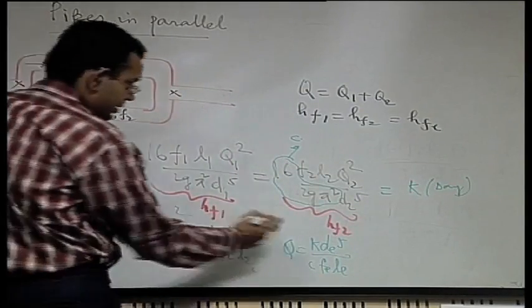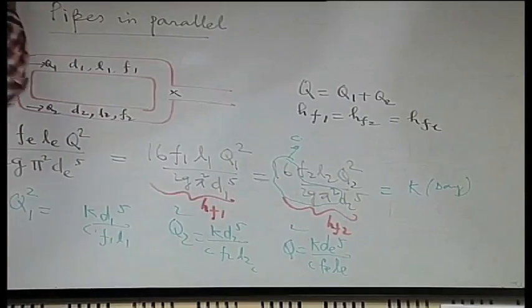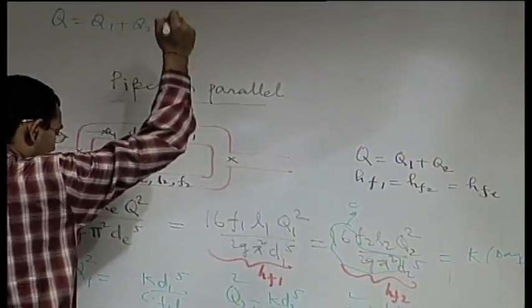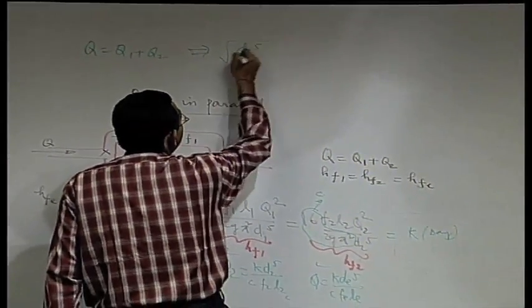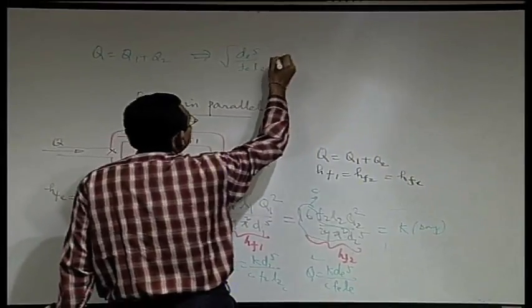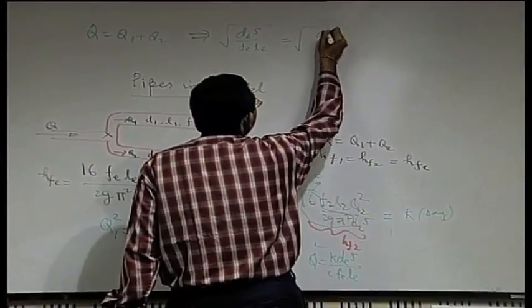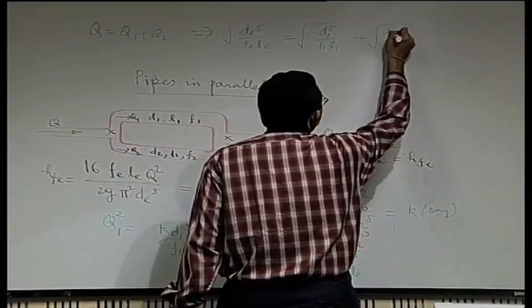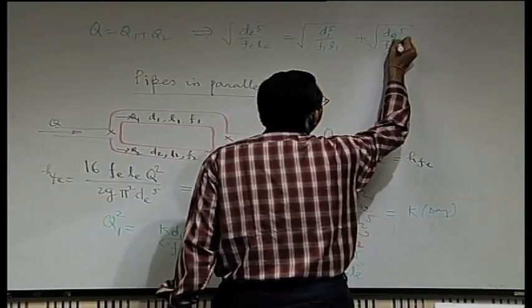Since you have Q equal to Q1 plus Q2, you have from these expressions root over d to the power 5 by Fe Le is equal to root over d1 to the power 5 by F1 L1 plus root over d2 to the power 5 by F2 L2.